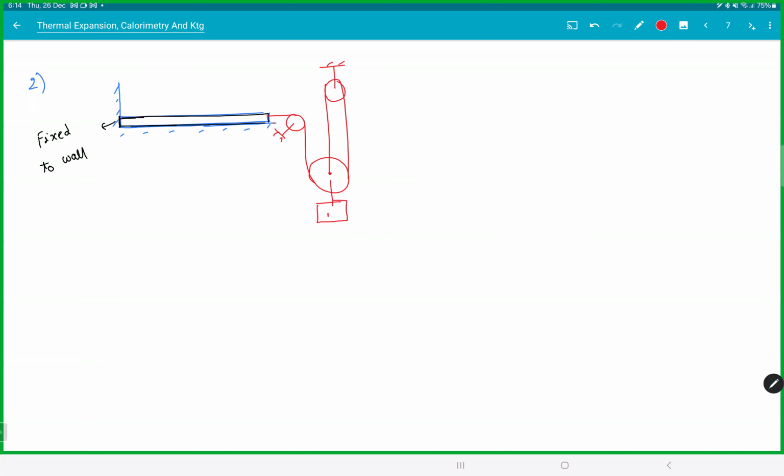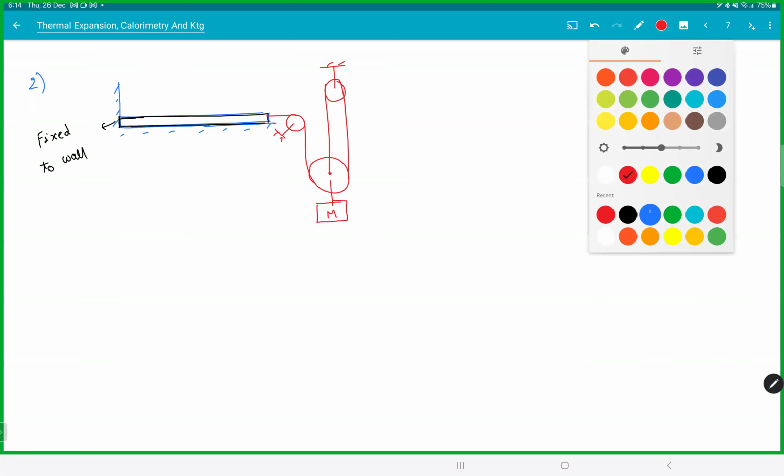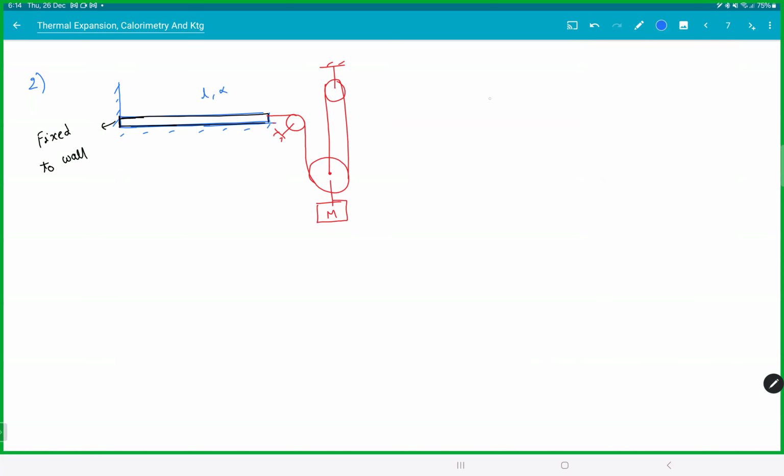We have a block like this. This thing is L and alpha. Same thing. Find the velocity of the block if temperature increases at a rate of T degrees per second. This is smooth, but the left side of the rod is fixed.